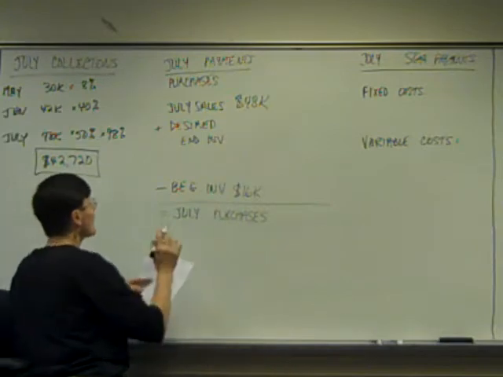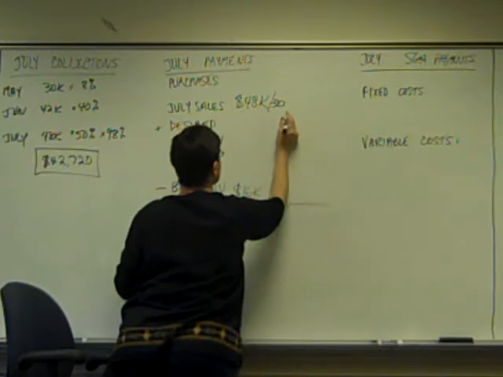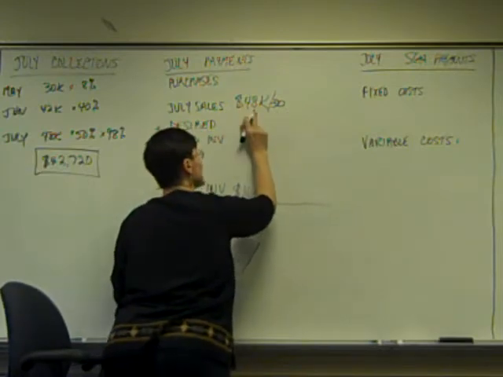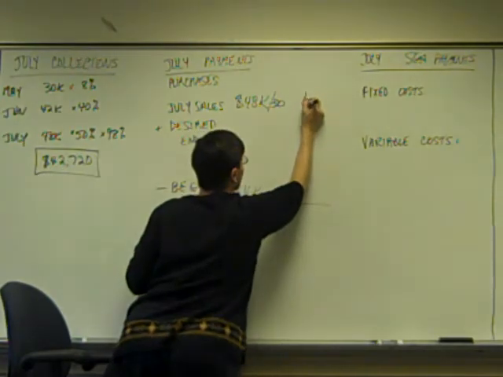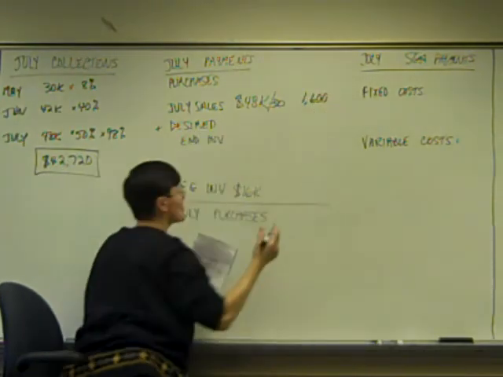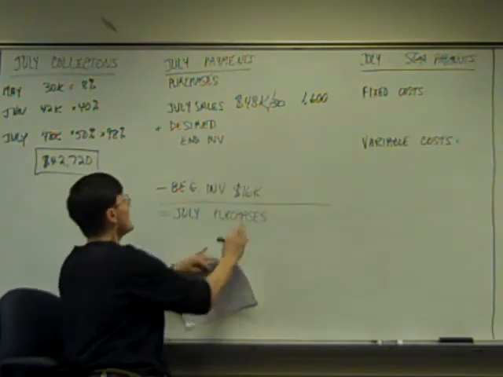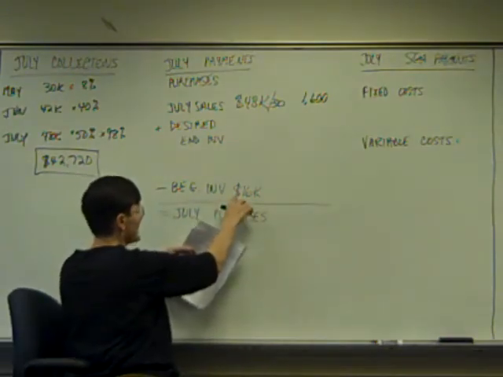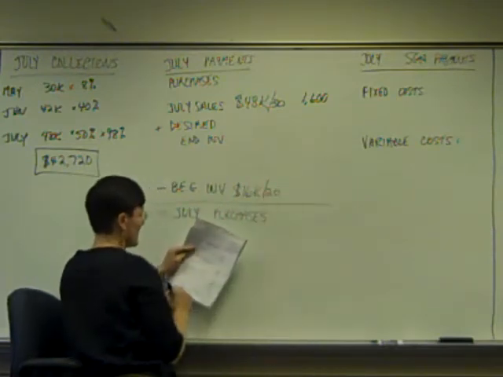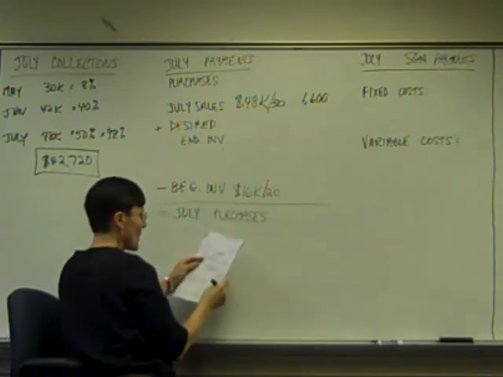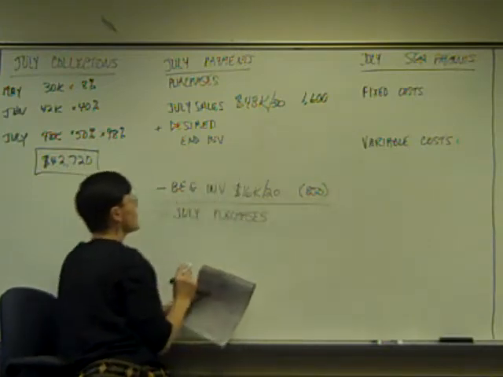So you first had to figure out what do we need in sales in terms of units. Well, if we're selling $48,000 at $30 a unit, that means we're going to sell 1,600 units in July. If we know our beginning inventory was 16,000, that is carried at $20 a unit, so we know what we started with were 800.